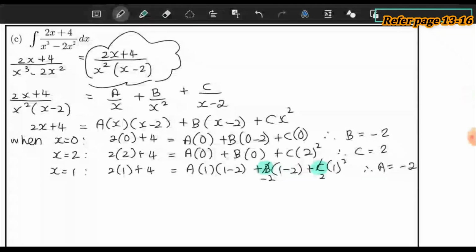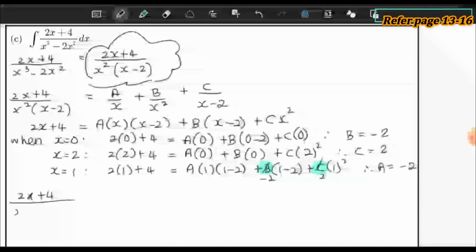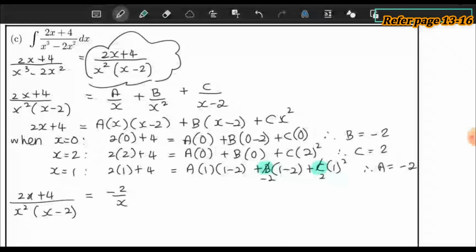And the partial fraction, (2x + 4)/(x²(x − 2)) equals a/x, which is −2/x, plus b/x², which is −2/x², plus c/(x − 2), which becomes plus 2/(x − 2).